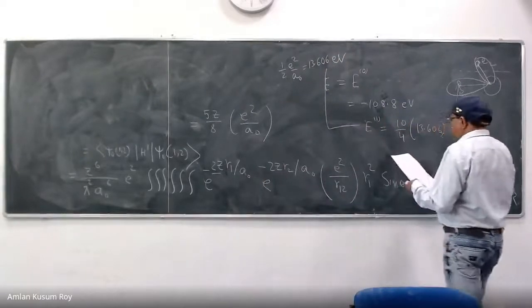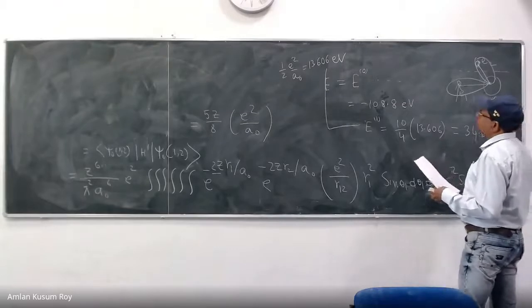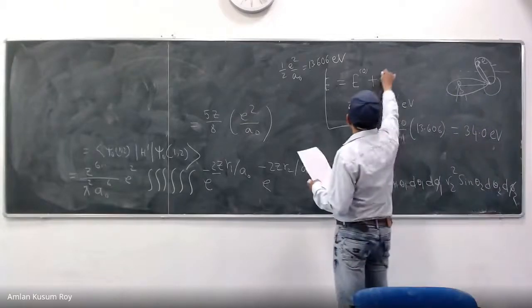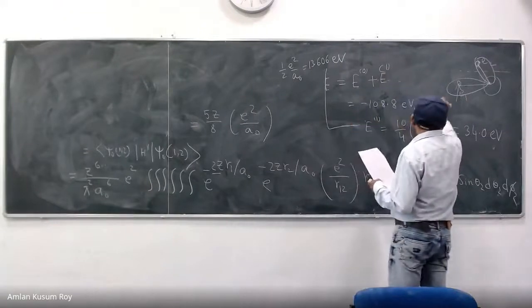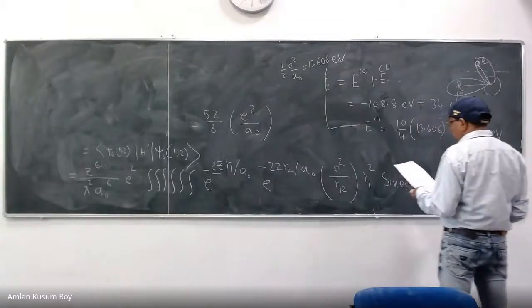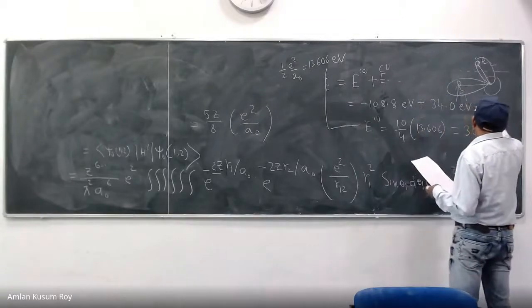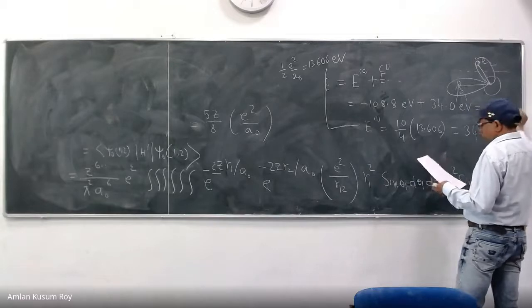So this gives me 34.0 electron volt. That means if I add the first order correction of 34.0 electron volt, that gives me minus 74.8 electron volt.